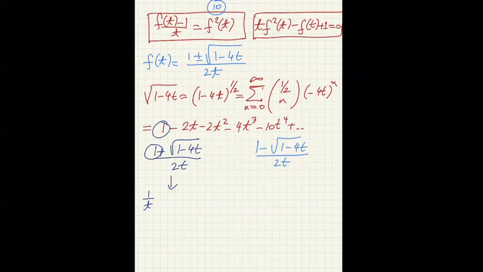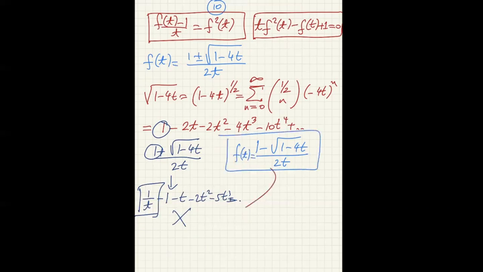Then you get minus 2t divided by 2t is 1, minus t squared, minus 5t cubed, and so on. Now, this cannot appear in a formal power series because its power is t to the minus 1. So it's definitely not this formula; this one is not the correct formula for f of t. So therefore, it has to be this one.